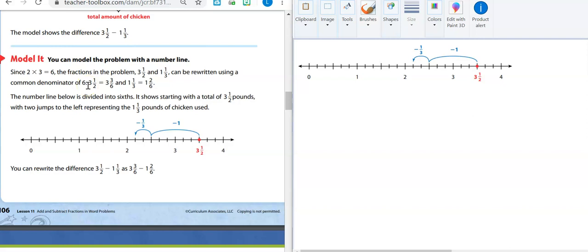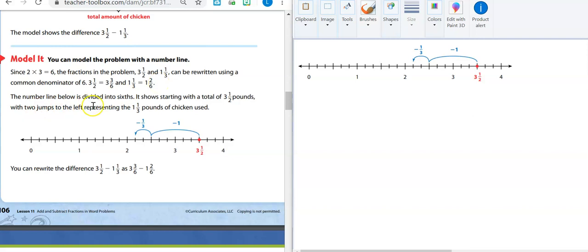Again, because when you add or subtract fractions, you must have common denominators to make them equivalent so you can add or subtract. So the least common denominator for the 2 and the 3 will be 6. And that will give us 3 and 3/6 and 1 and 2/6.